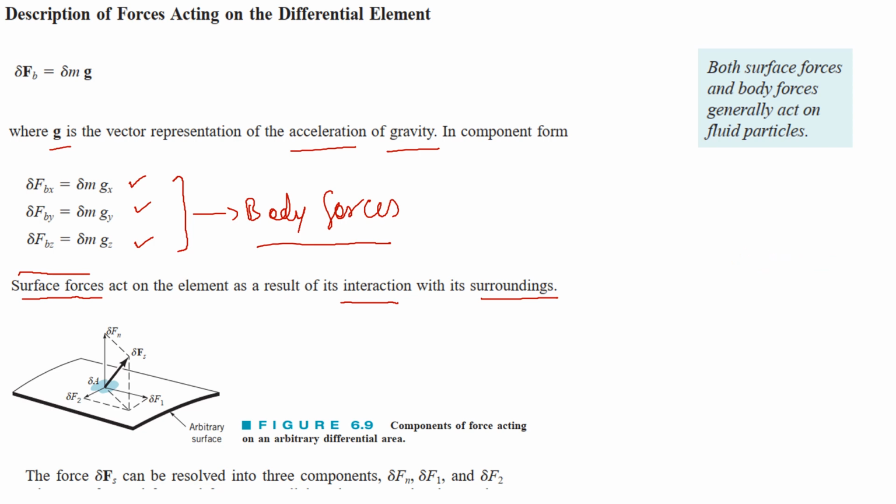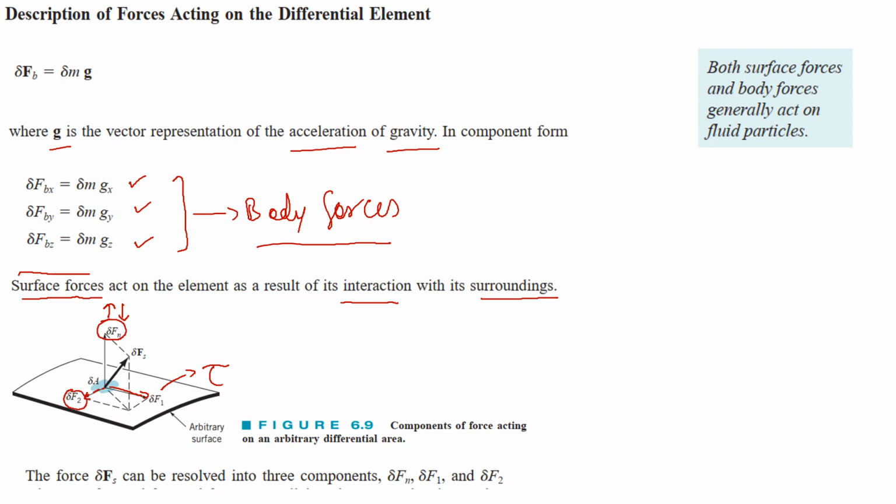As you can see, there is one normal force, so due to this normal force a normal stress will generate. If this is the direction of the force, the direction of the stress will be like this. Due to the two forces F1 and F2, shear stresses will generate.